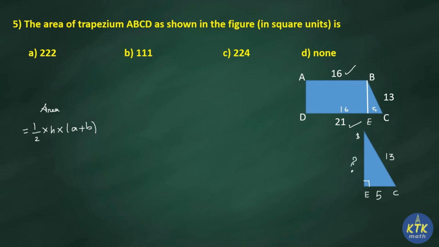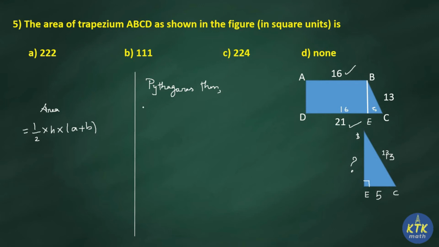So to find this one, what property am I going to apply? When it comes to a right angle triangle, automatically which property am I going to substitute? The most important one: the Pythagoras theorem. What it says: the sum of squares of these two adjacent sides will be equal to the square of the hypotenuse.